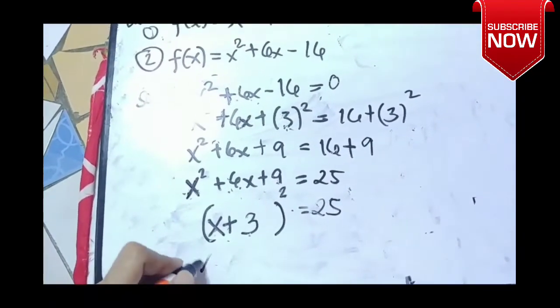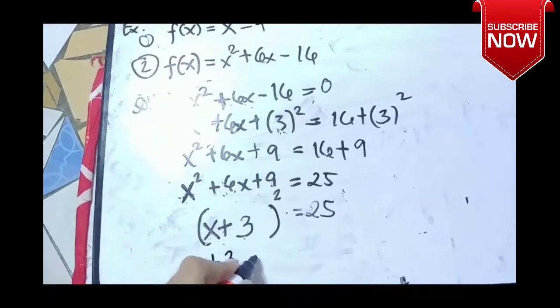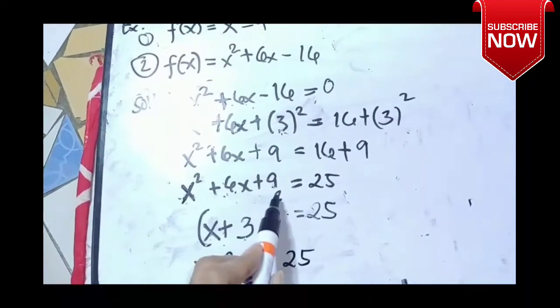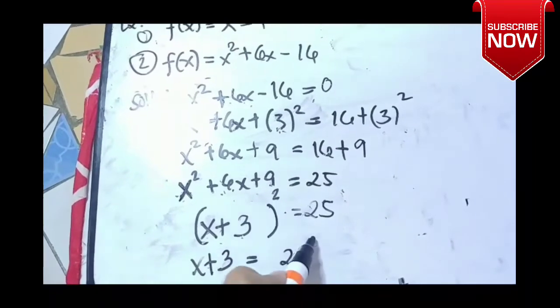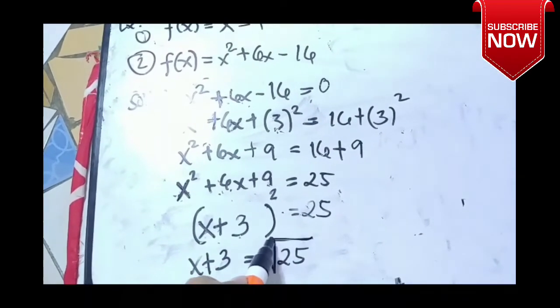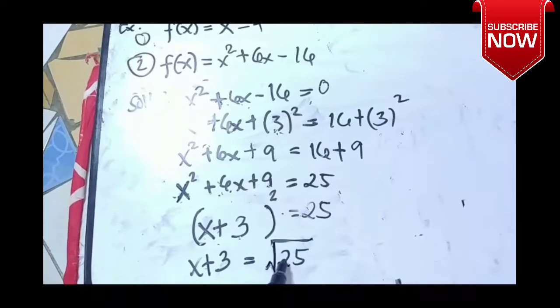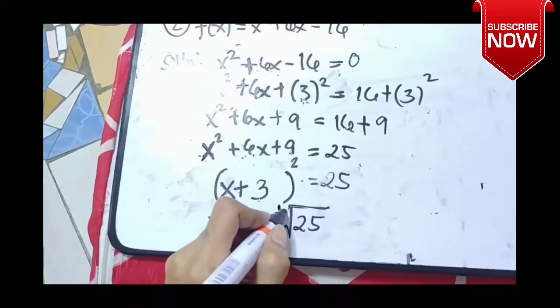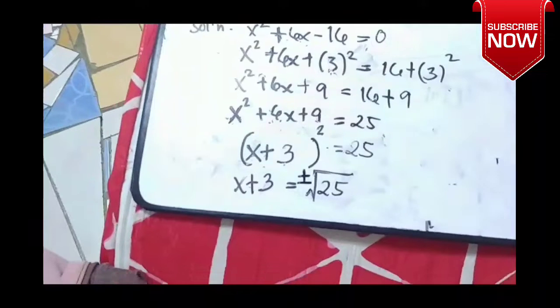So just copy x plus 3 squared is equal to 25. Para mawala yung 2, kailangan nating square root si 25. Gagawa tayo ng radical sign which nasa loob si 25, and then wag natin kakalimutan maglagay ng plus, minus. Okay.